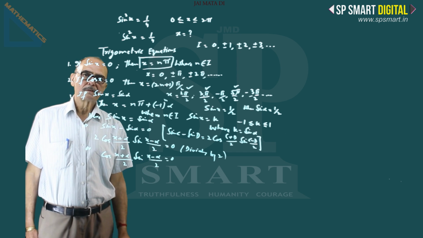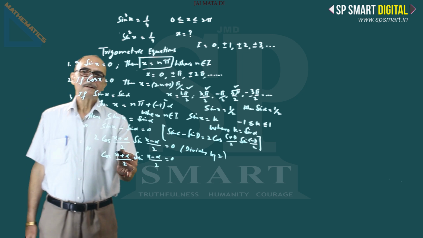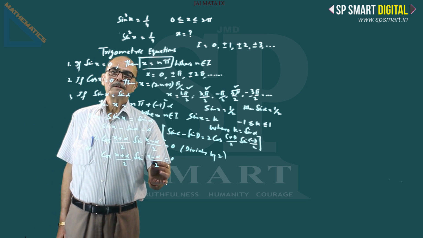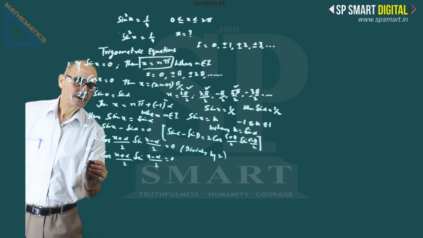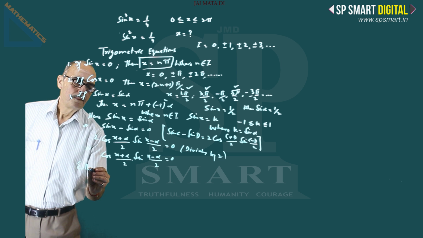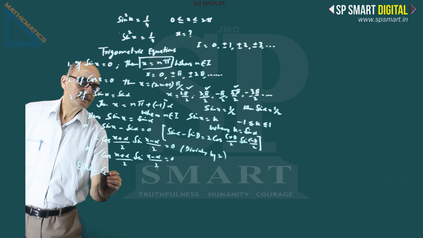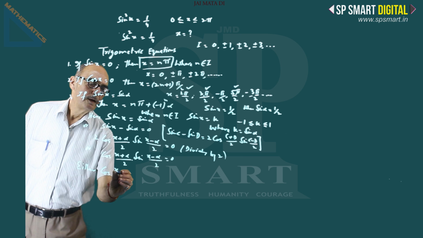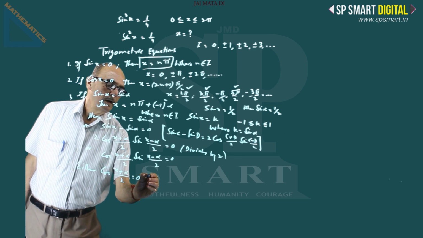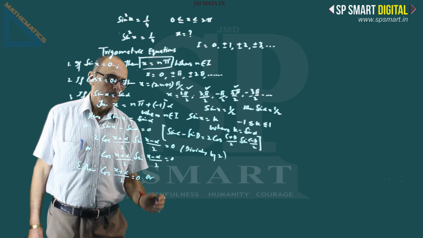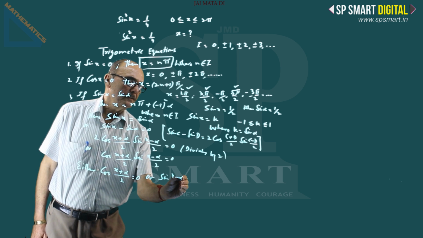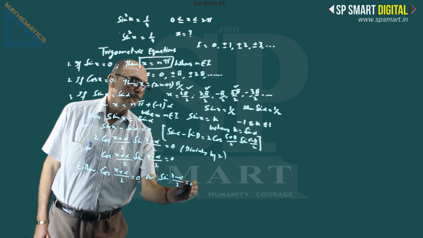One is cos of x plus alpha by 2, another is sin of x minus alpha by 2. So, here we write either cos of x plus alpha by 2 equal to 0, or sin of x minus alpha by 2 equal to 0.